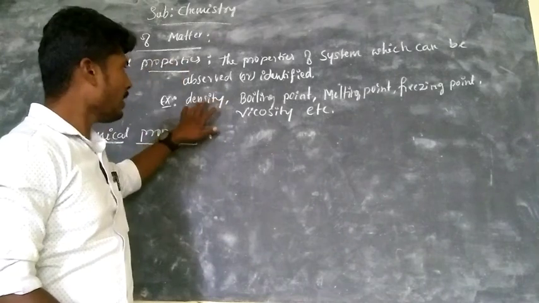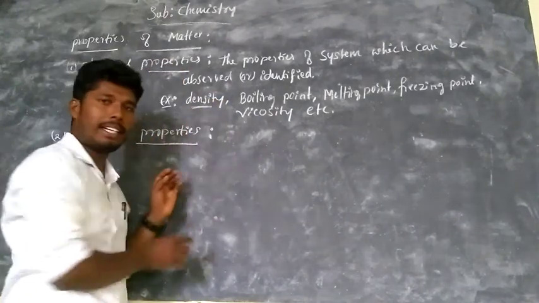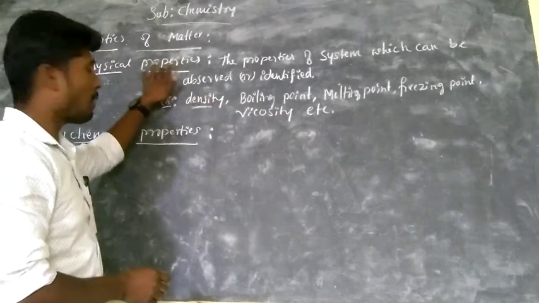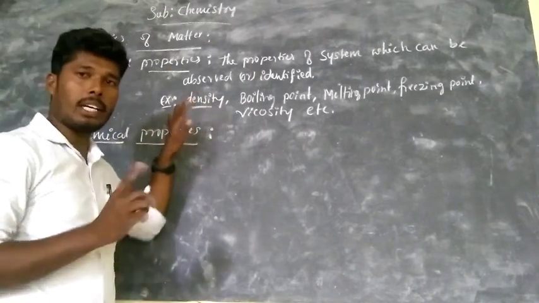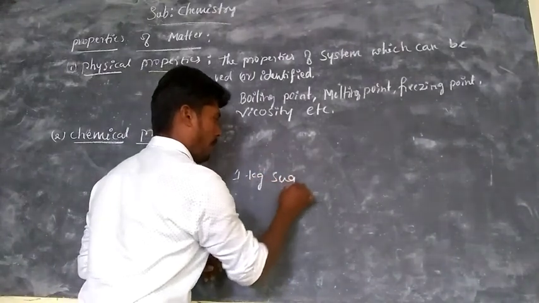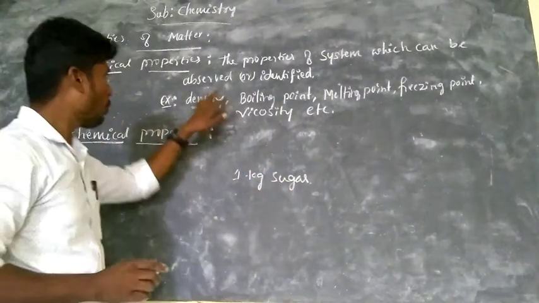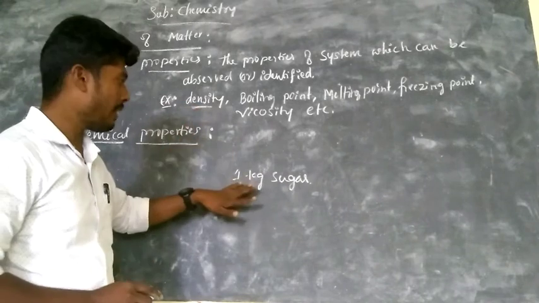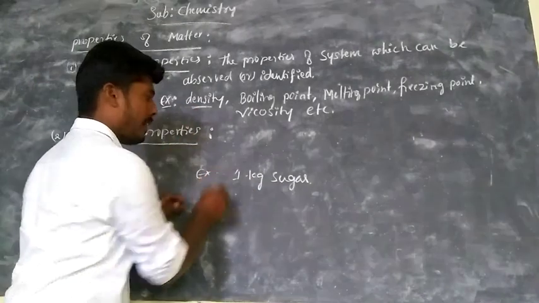Now observe here, take density as an example of a physical property. To understand the concept of physical properties, we are taking the example of 1 kg of sugar.